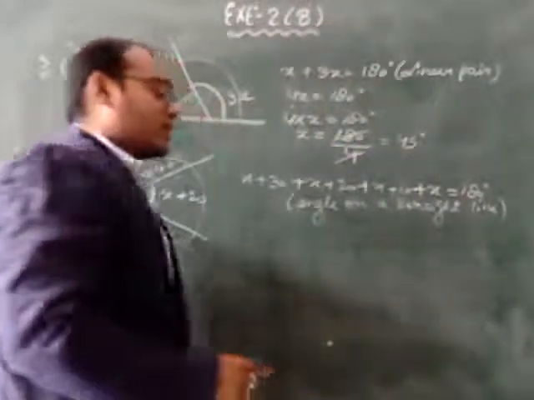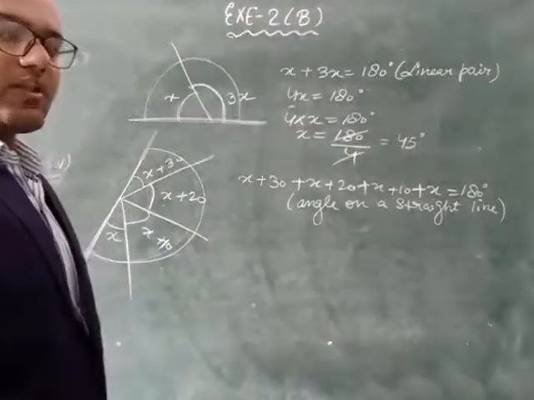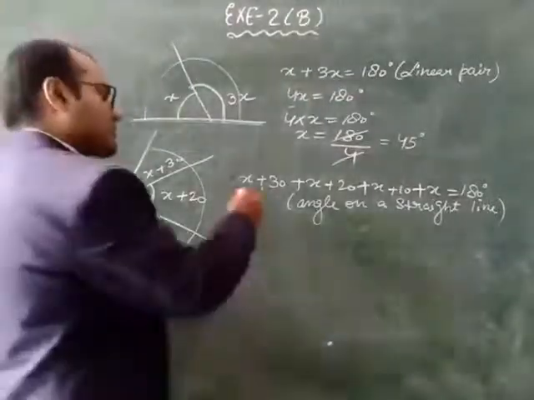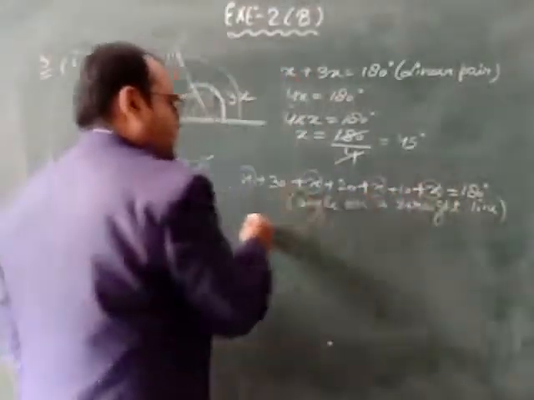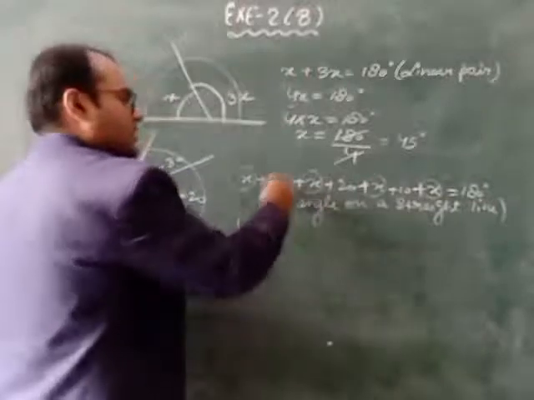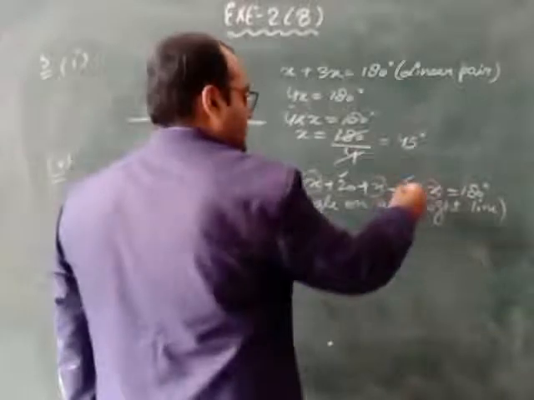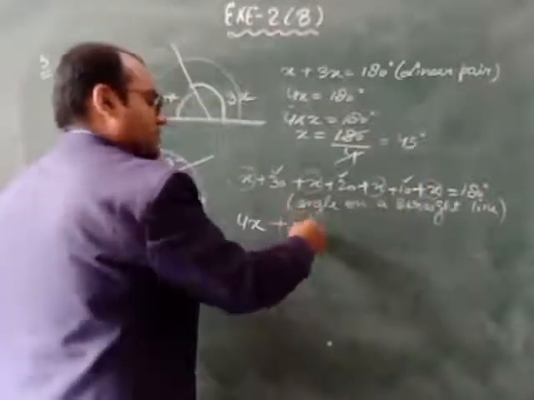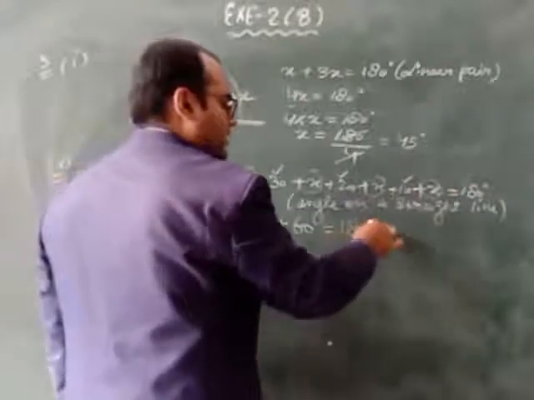Now here we will add the alphabets separately and the numbers without alphabets separately. x, x, x and x, when we add them we get 4x. Plus 30 plus 20 is 50, 50 plus 10 will be 60. So here we will write plus 60. In the equal we will write 180 degrees.